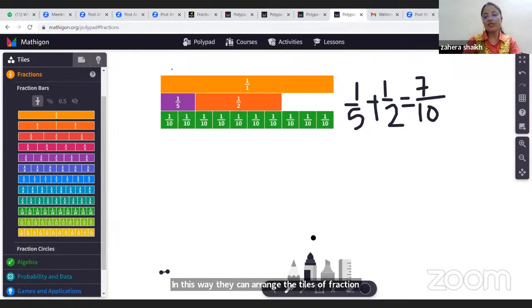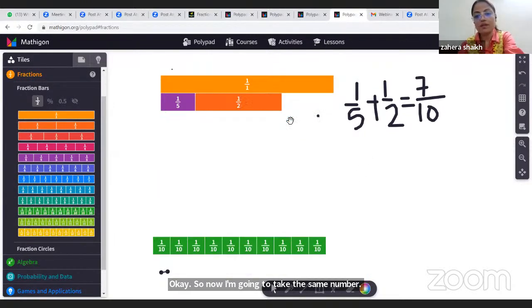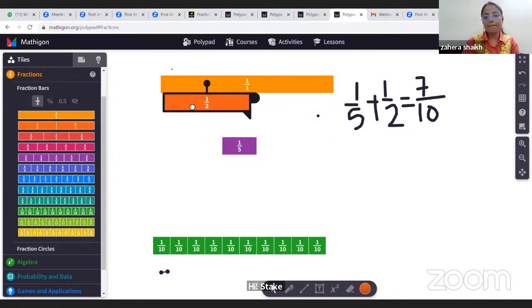Now, if I want them to use the subtraction operation to find the difference between two fractions, okay? I'm going to take the same numbers: half minus 1/5.